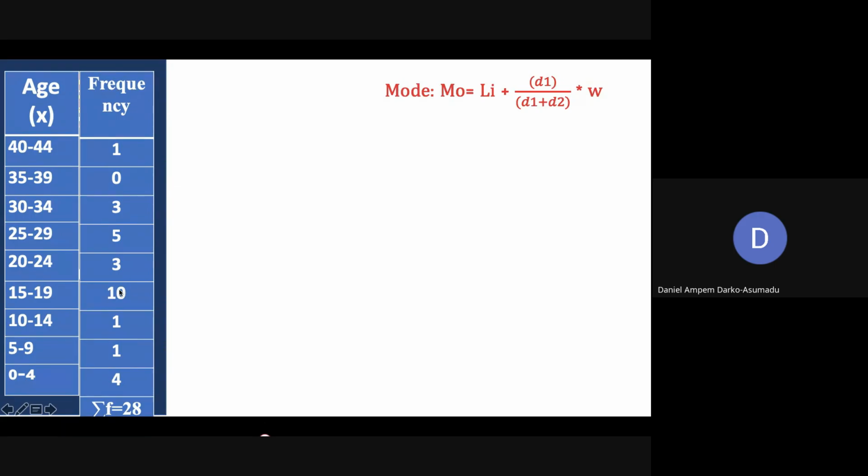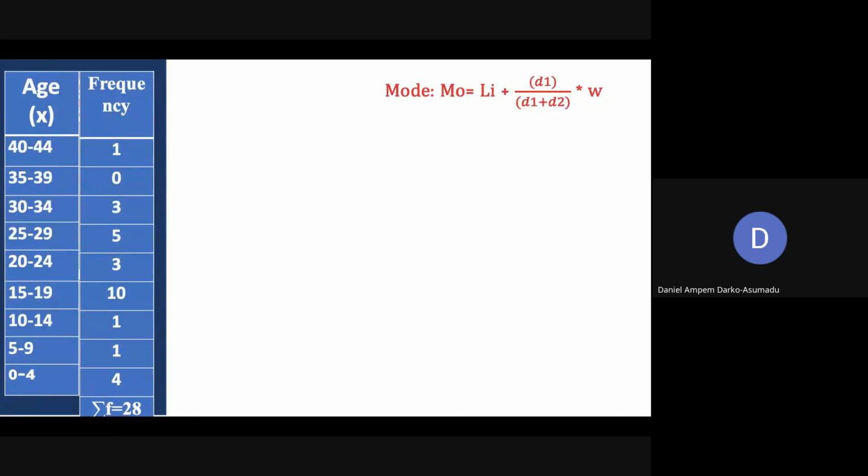And yesterday, we tried explaining the formula. We said that L1 is the lower class boundary of the class that contains the modal class. Right. Lower class boundary, that is L1.